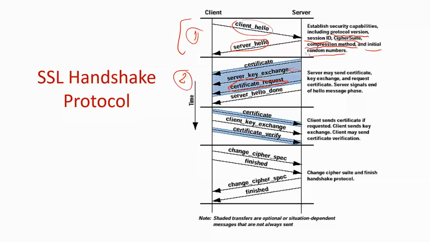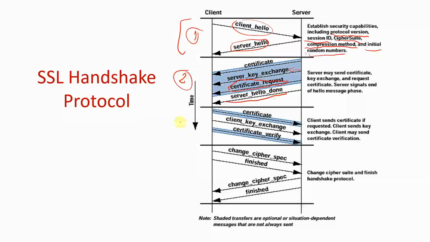If it's RSA, then it will send the modulus and it will send the public key as well. All the information that the client needs to calculate the key will be included in the server key exchange message. Once the server is done, it will send a message saying server hello done, meaning I have no more messages to send to the client.